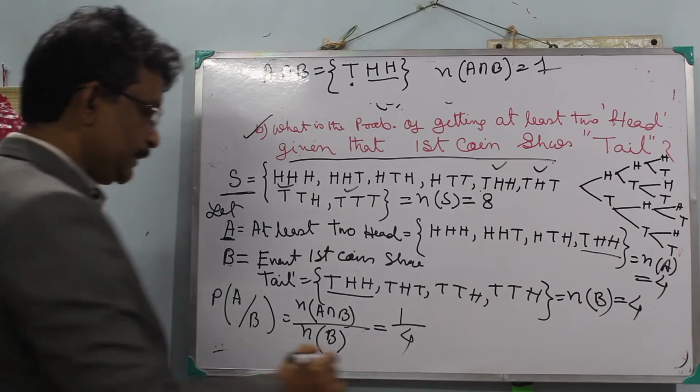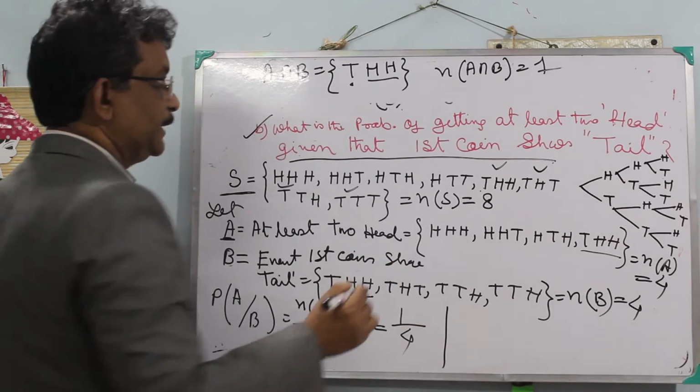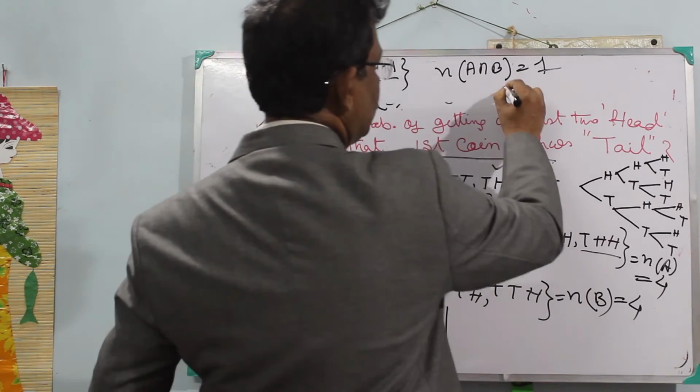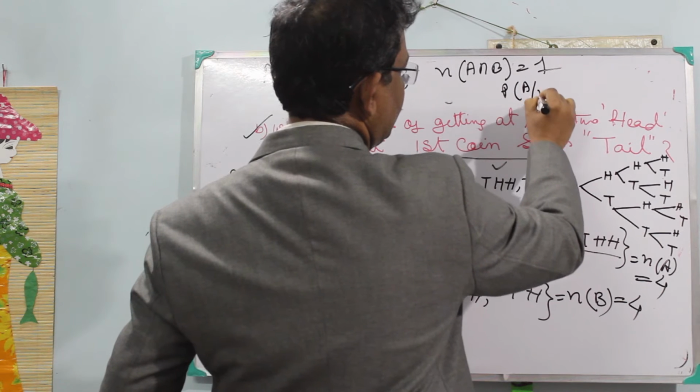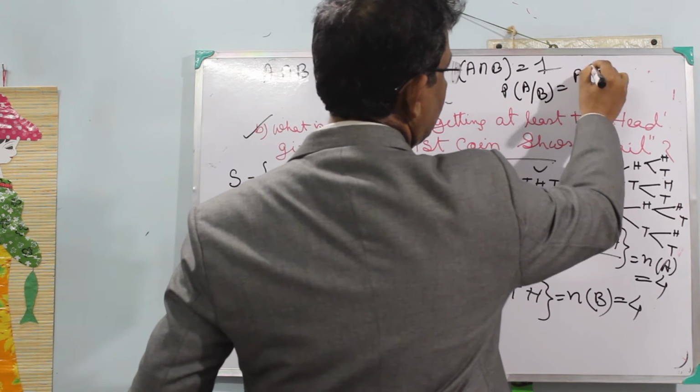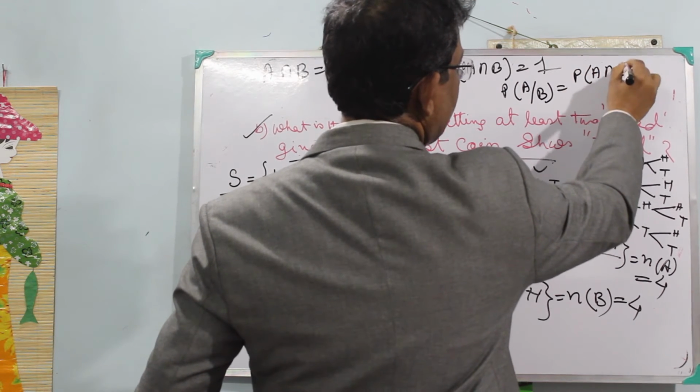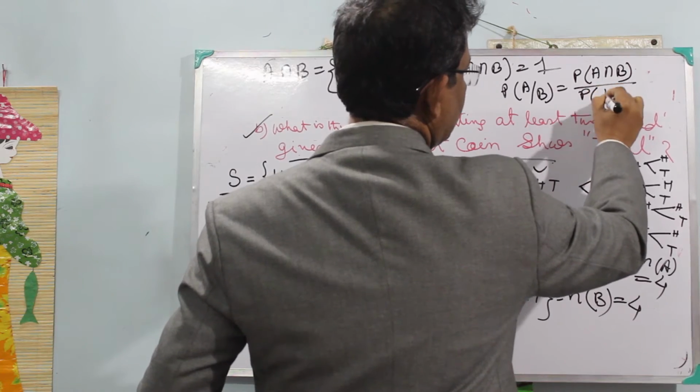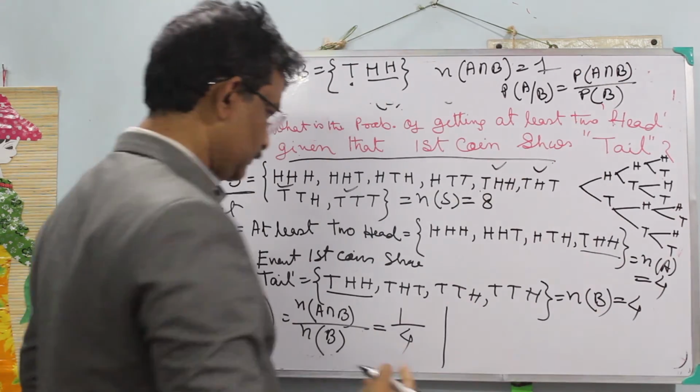Or you can calculate it by another method. We have told you probability of A when B has occurred equals probability of A intersection B divided by probability of B. This is also a formula.